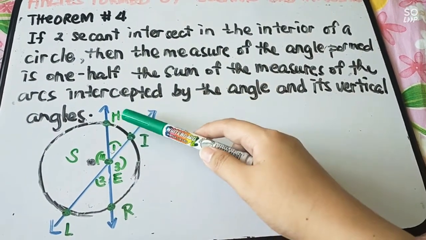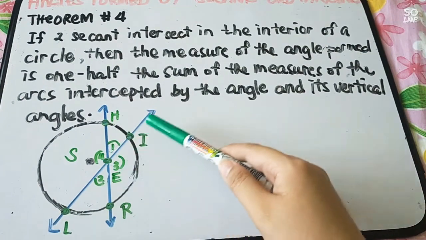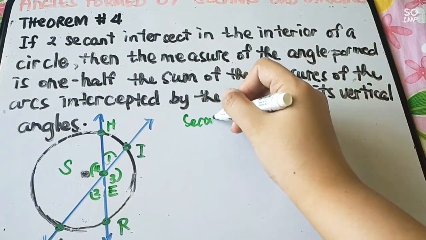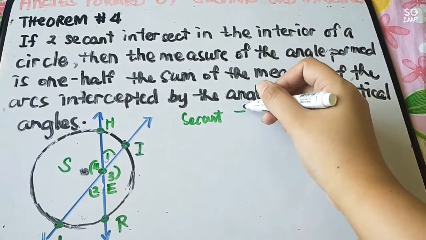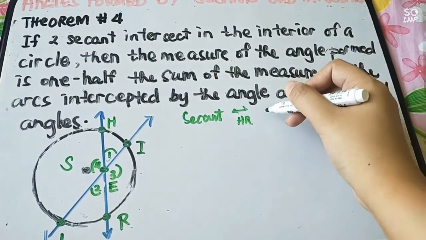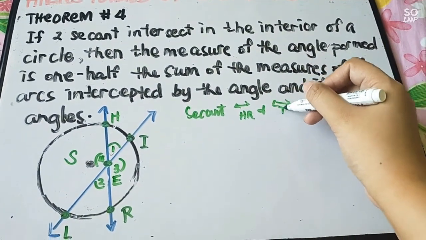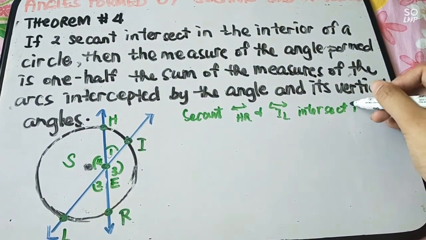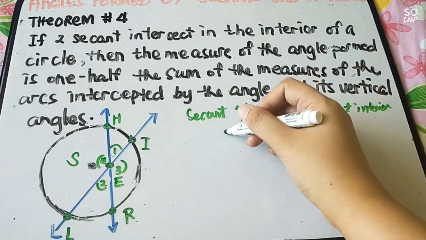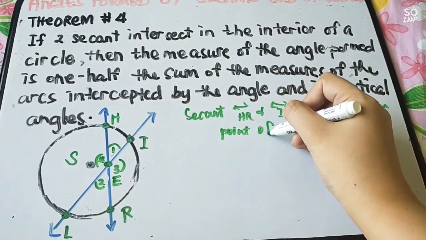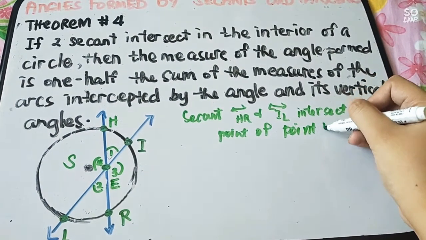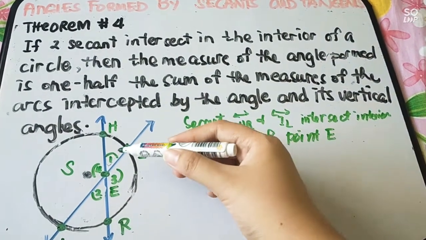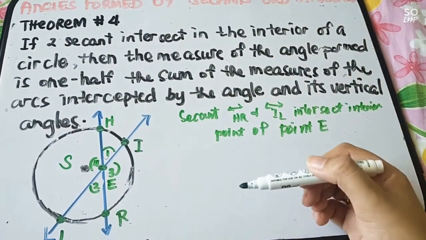The secants, which are HR and LI, intersect at point E. So, our secants here are secant line HR and secant line IL, intersecting at the interior point E. Within the intersection, it creates angles: angle 1, angle 2, angle 3, and angle 4.